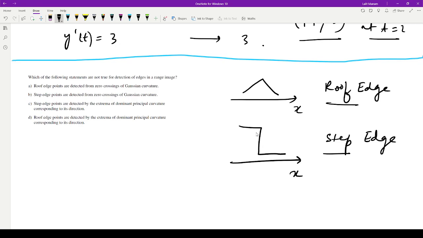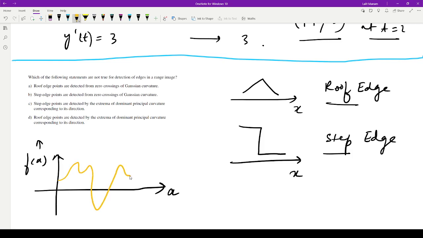So what do you mean by zero crossings? This is some function, with some a, and this is some function f of a. If this function goes like this, then these two points are zero crossings, right?